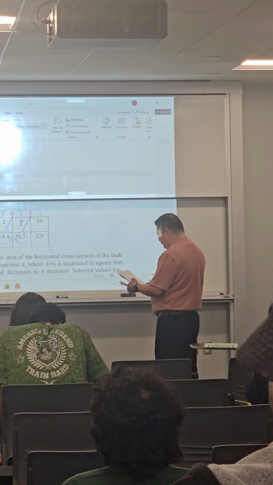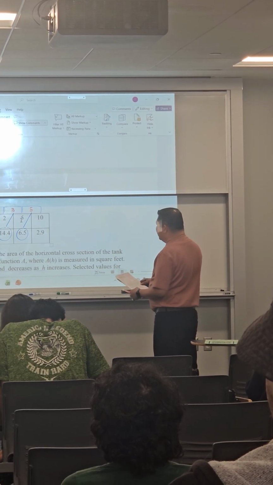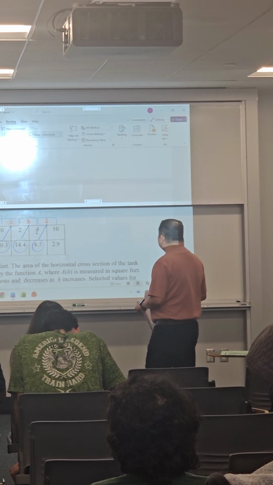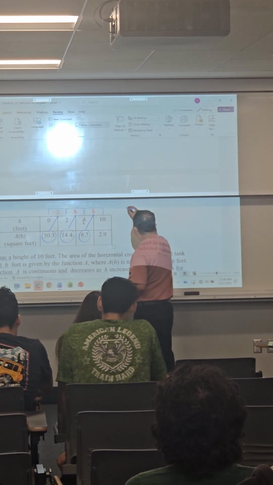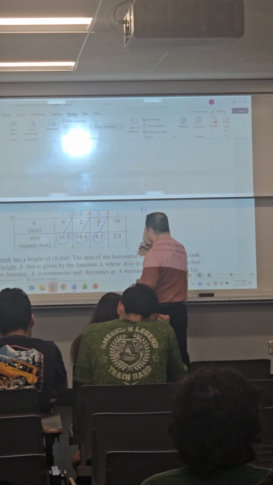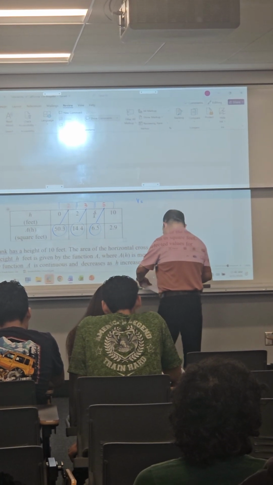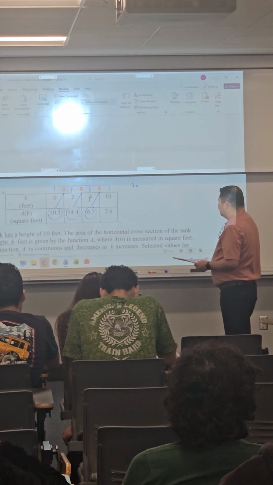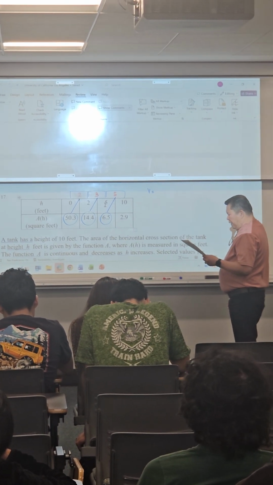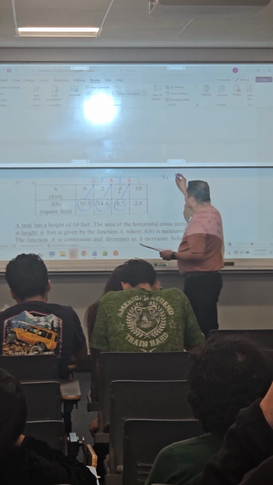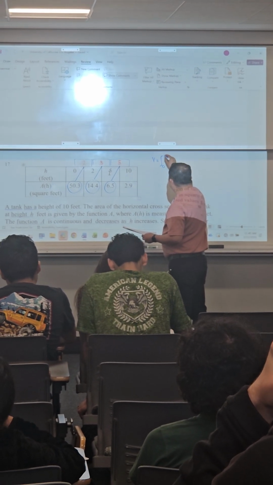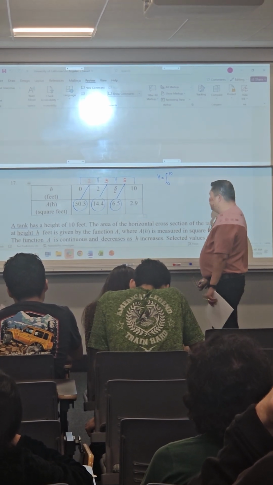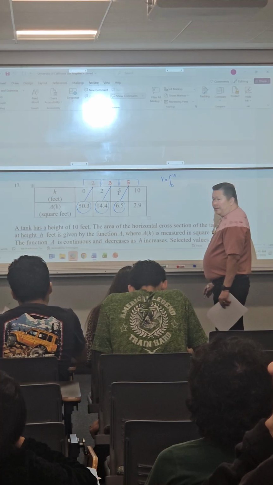So which means what you're doing here. We have volume, right? It says volume. So volume is equal to the integral from 0 to 10. And then what to do now? A(h) dh, right?